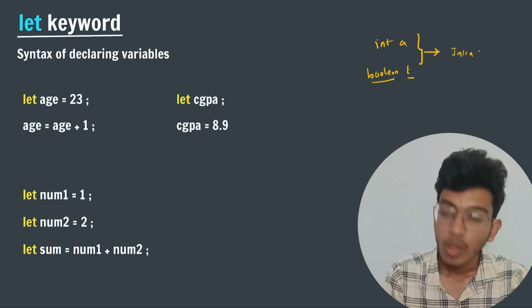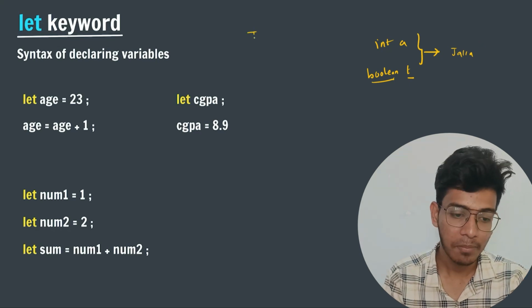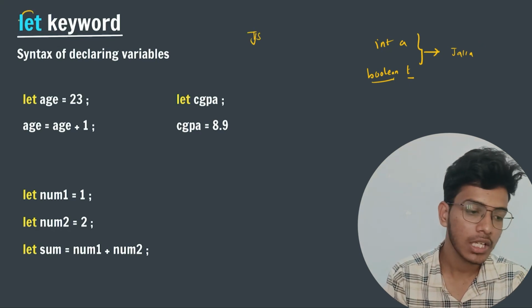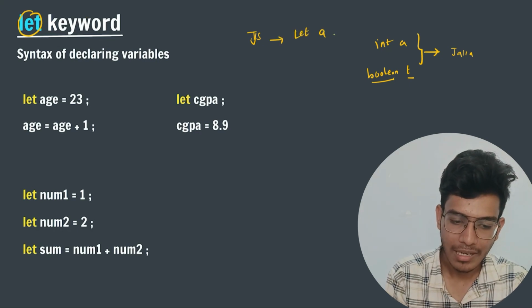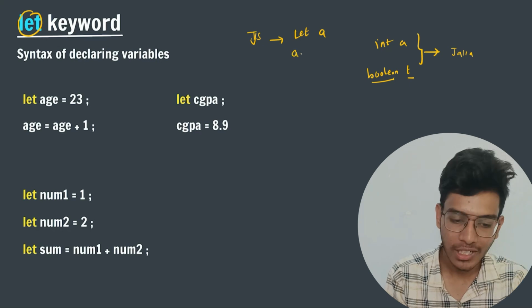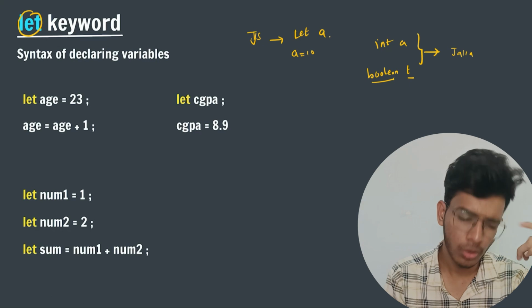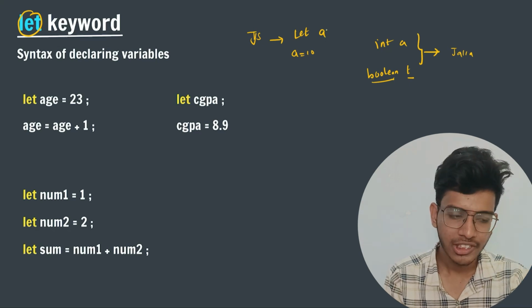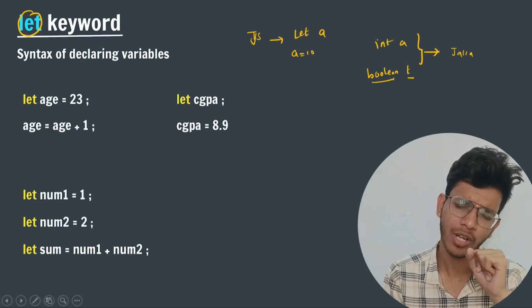Okay, now if I want to declare the same thing in JavaScript, then we will use a keyword called let. So I will write let a. After that I will give a is equals to 10, like this. And one more thing you need to notice here is that JavaScript is sort of a prototype of object oriented programming.